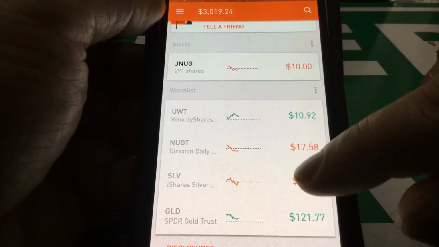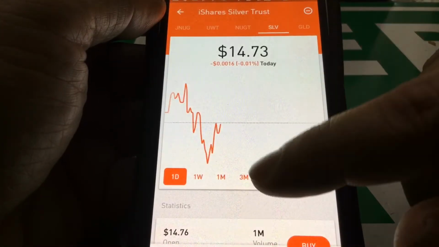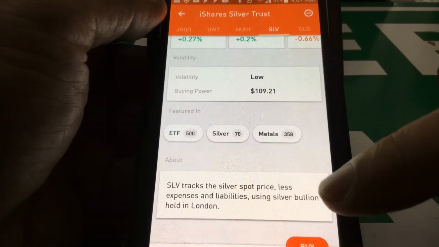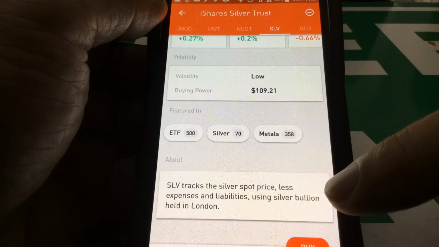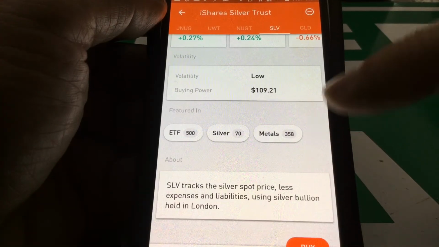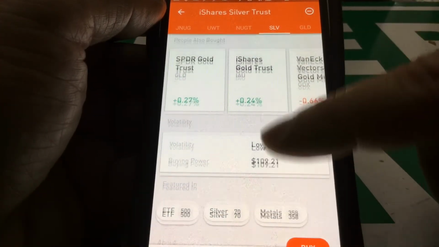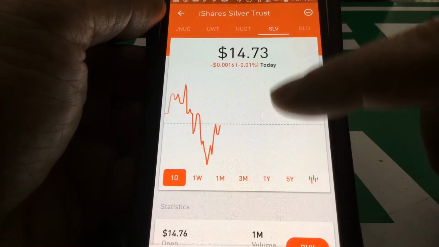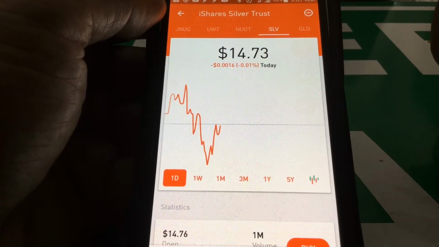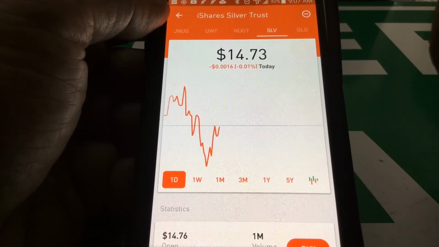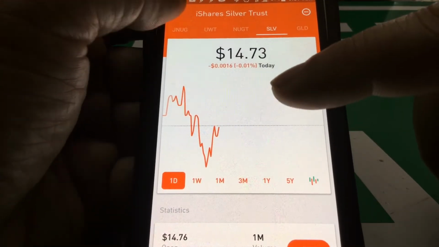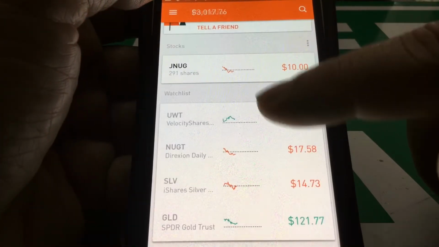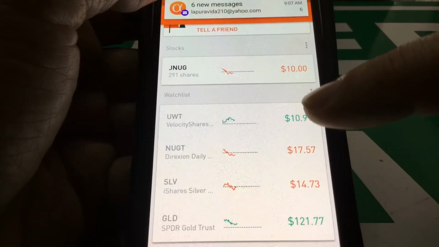I just wanted to show you. The SLV tracks the silver spot price, less expenses, liabilities of silver bullion in London. So this is a way to buy ounces of gold, but no premium and no fees. That's the important part about Robinhood. There's never any fees, whether you buy or sell, same thing.